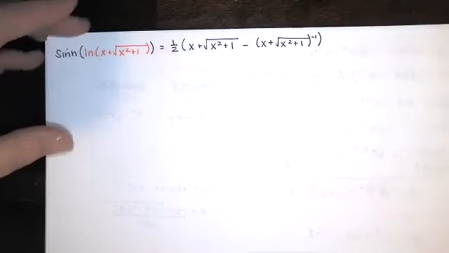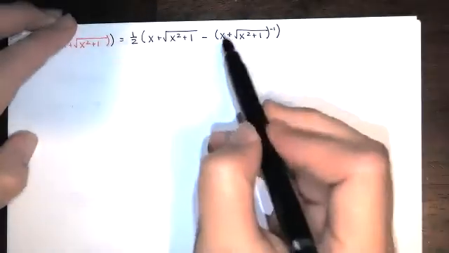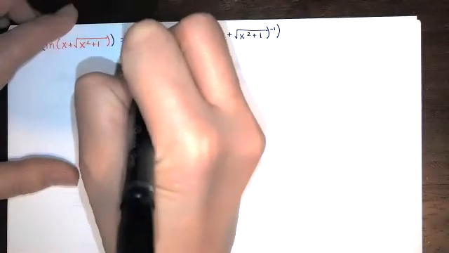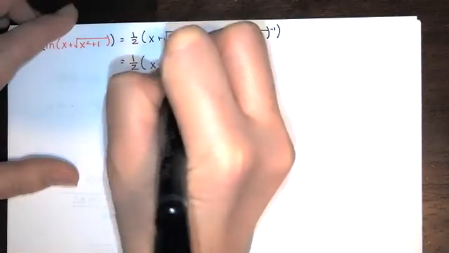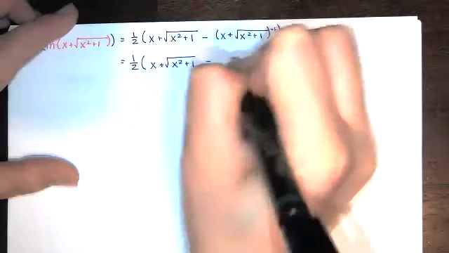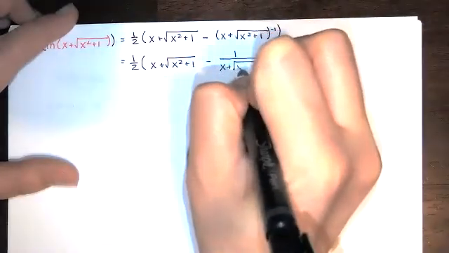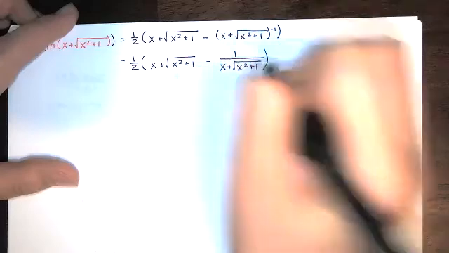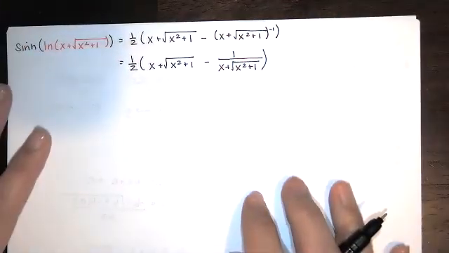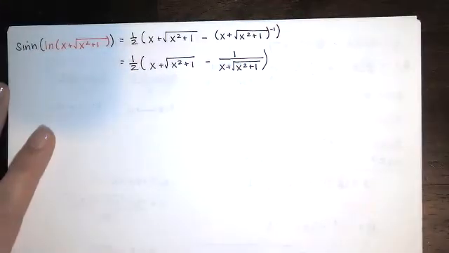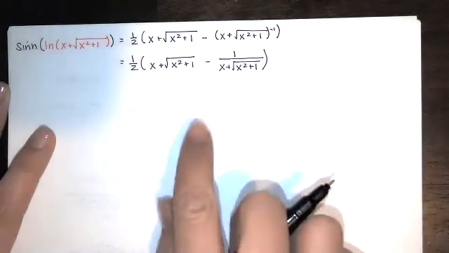Okay, so we're here. I've got this raised to the -1 power. So I can write that this way. That's minus 1 over that function. Still not looking like an x. I know, I get it, I'm with you.